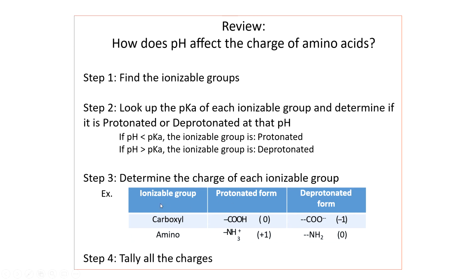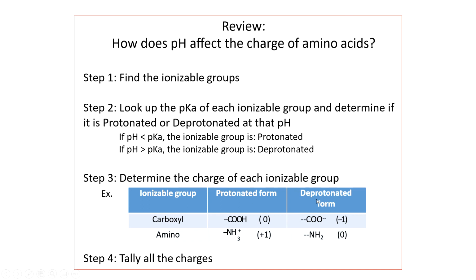So if your ionizable group is the carboxyl group and it's in its protonated form, because pH is very low, then the charge of that group is 0. And let's say we stick to that low pH, that means that the amino group is also protonated, which has a +1 charge. And so the overall charge of this would be +1.